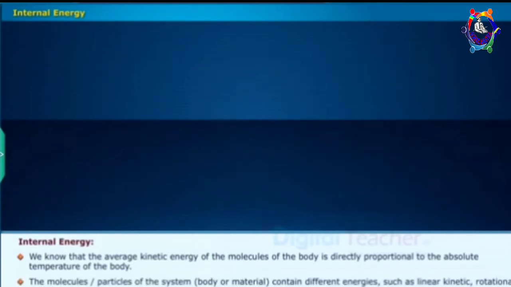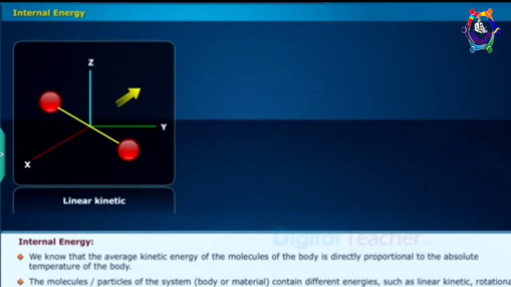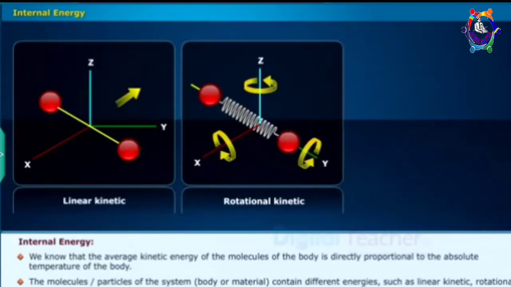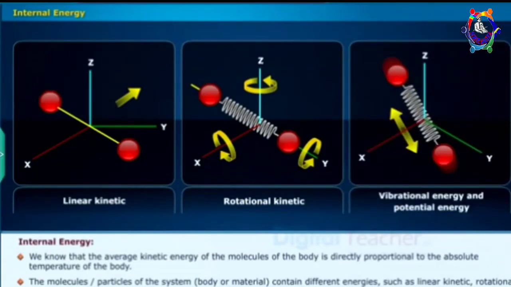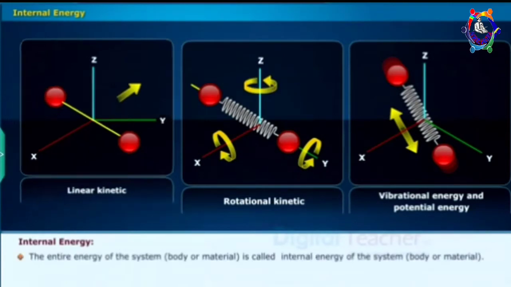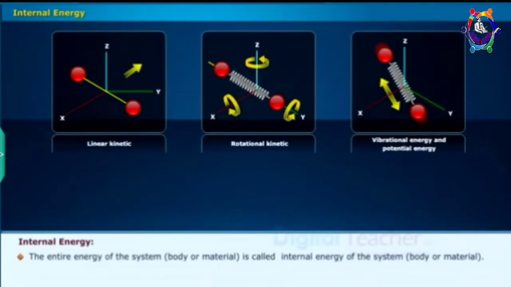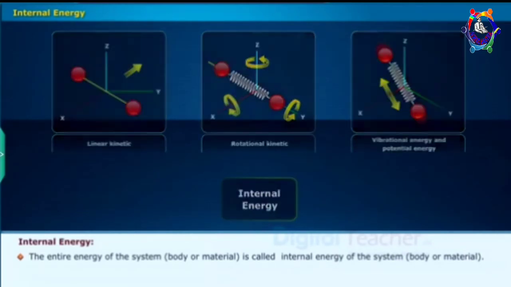The molecules or particles of the system, body or material contain different energies such as linear kinetic, rotational kinetic, vibrational energy and potential binding energy between them. The entire energy of the system, body or material is called the internal energy of the system, body or material.